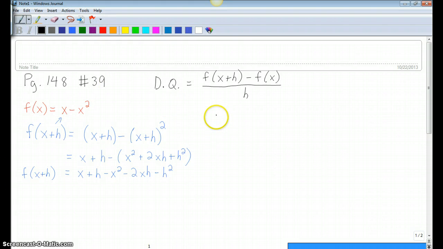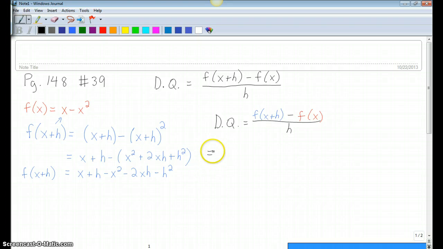And then over here we'll do our difference quotient. So our f of x plus h is in blue, minus f of x, divided by h.